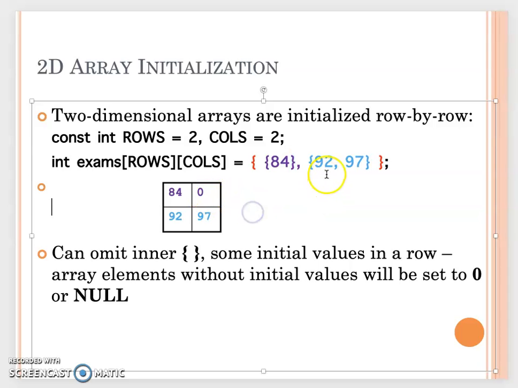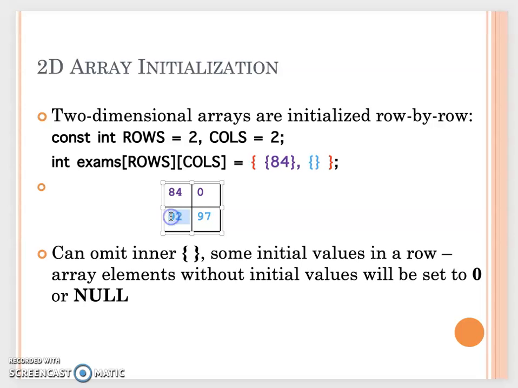So you can omit the inner braces, but I prefer you to have them. The same thing, if you want the second row to be only 0, you can just do it like this. Then you see we don't have any number here, so we just initialize the numbers with 0.